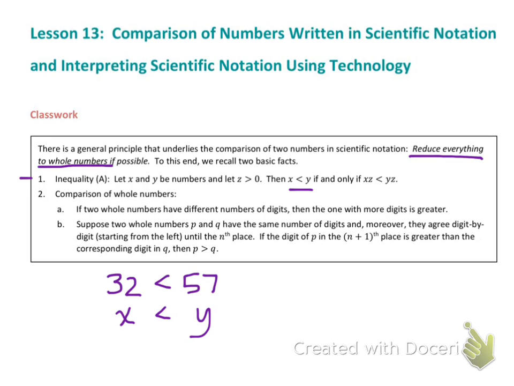If I have some number z that's greater than 0, so it's not negative, it's not 0, it's a positive number, and in this situation that number is going to be a power of 10.